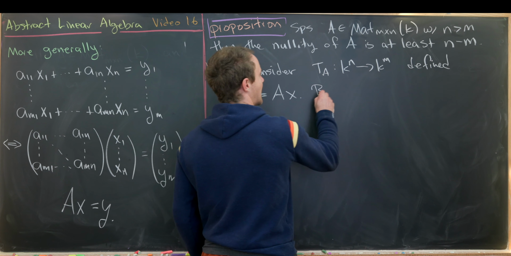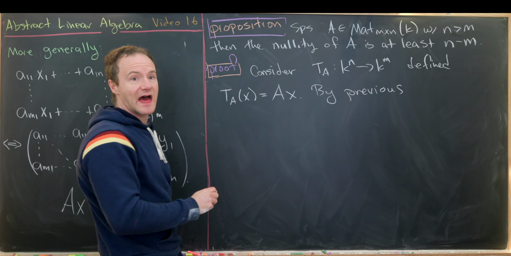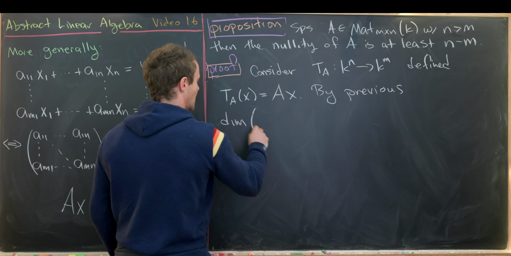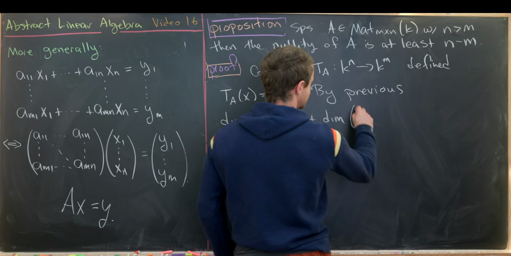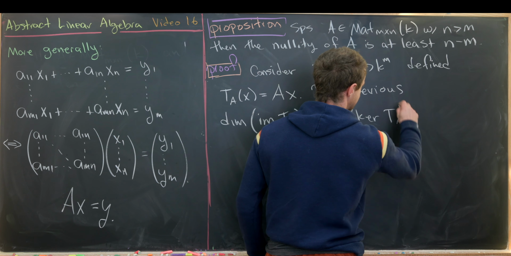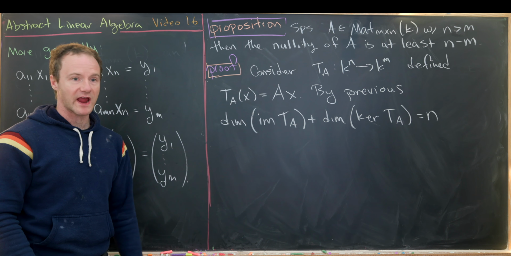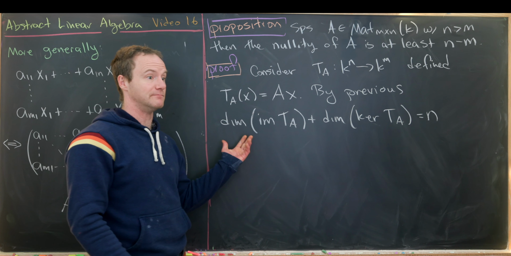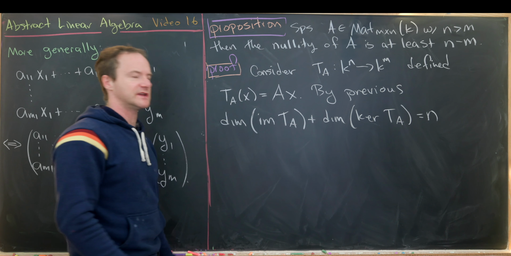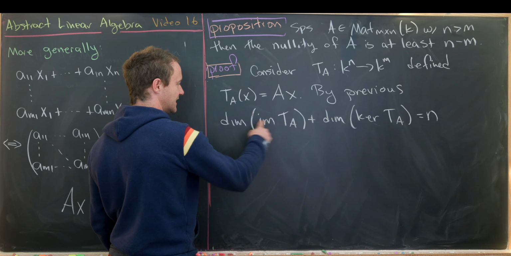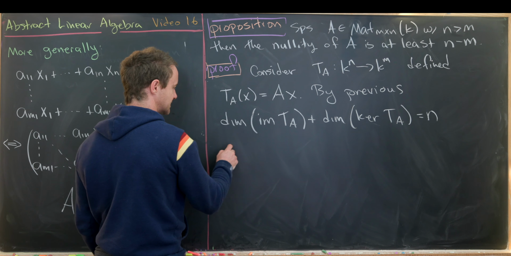Okay, so by a previous result, I think it was like 2 or 3 videos ago, we know that the dimension of the image of T_A plus the dimension of the kernel of T_A is equal to n. I don't think we called this the rank-nullity theorem then, but when it's applied to matrices, it's called the rank-nullity theorem. Okay, but notice that the dimension of the image of T_A is the same thing as the dimension of the image of A, because that's how this linear transformation is defined.